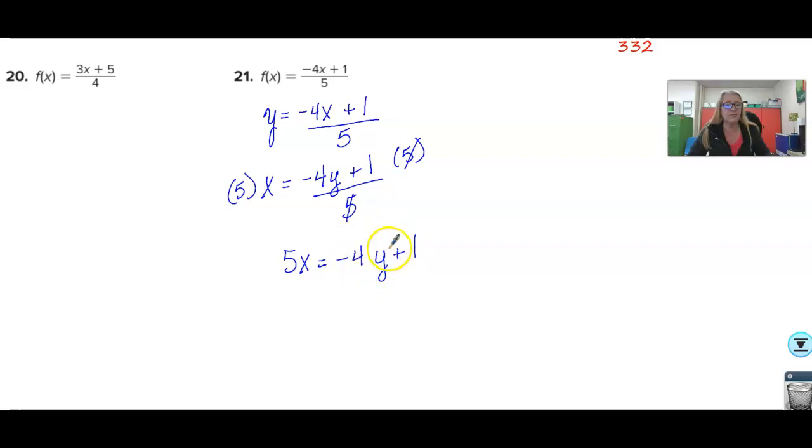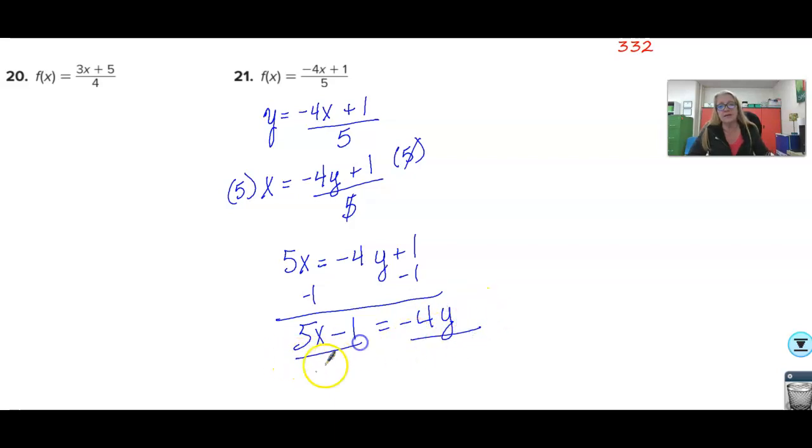I still want to get -4y by itself, so I subtract 1 from both sides. That gives me 5x - 1 = -4y. Then I divide both sides by negative 4 to get y by itself. I'm going to do the switcheroo over here. y is then equal to (5x - 1)/(-4).